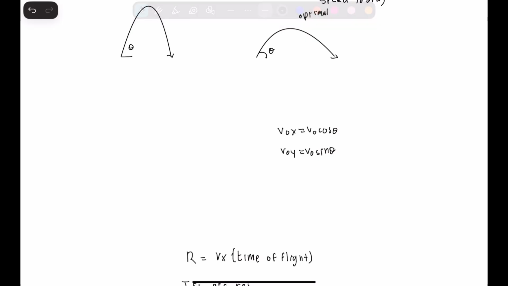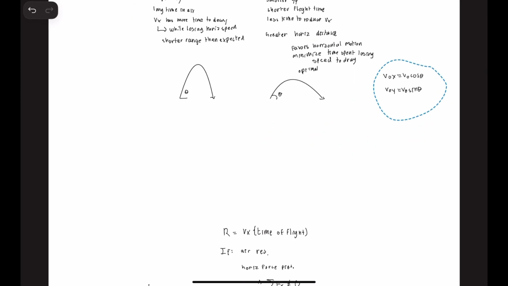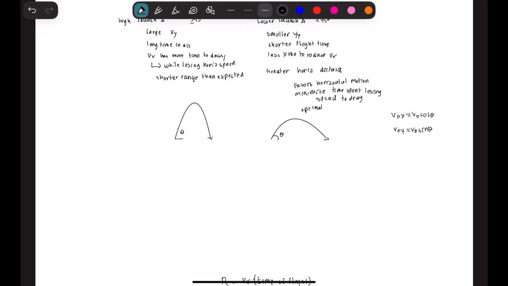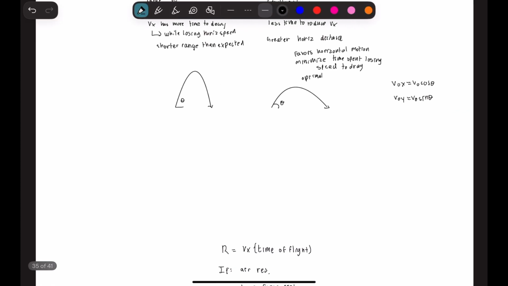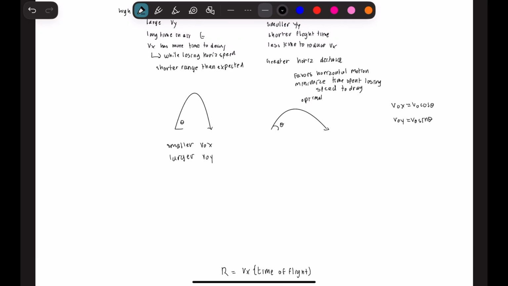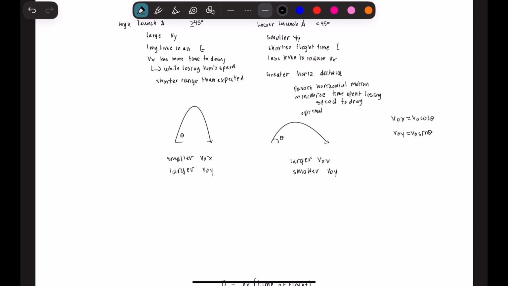Using that, we can write this out for both situations. For a high launch angle, you have a smaller V0x and a larger V0y, and you have a longer T. But for a lower angle, you have a larger V0x, a smaller V0y, and a shorter time of flight T.